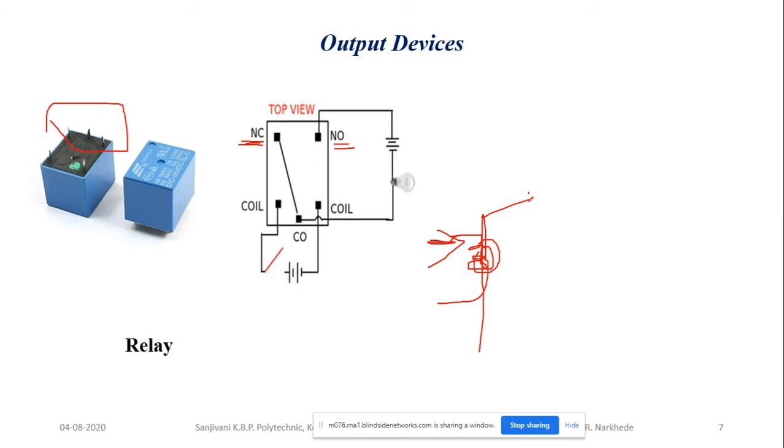This is making a connection with this one. So the point to which it remains connected when the relay is in the unenergized state is called the NC contact, and the point to which it makes the connection after the relay is energized is called the NO contact.